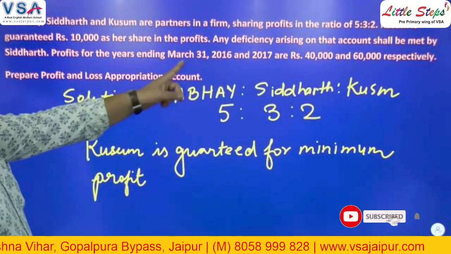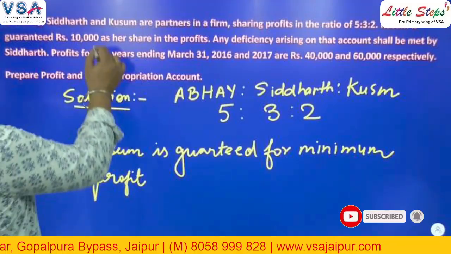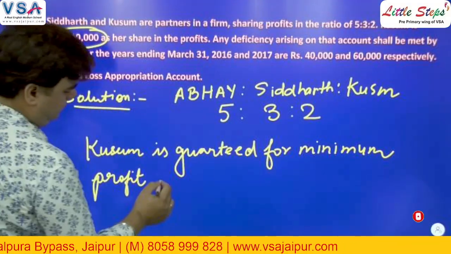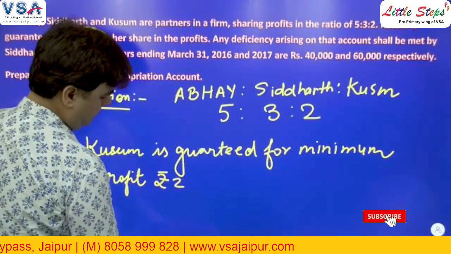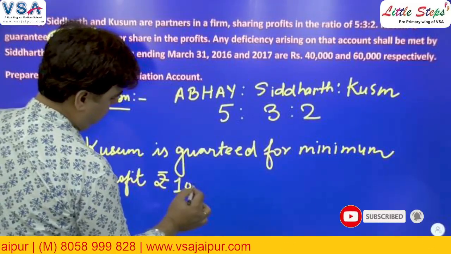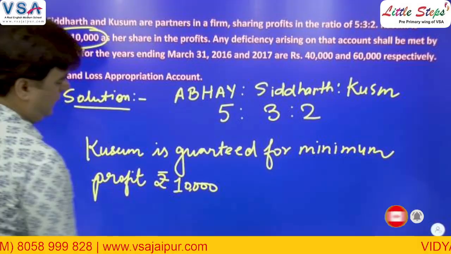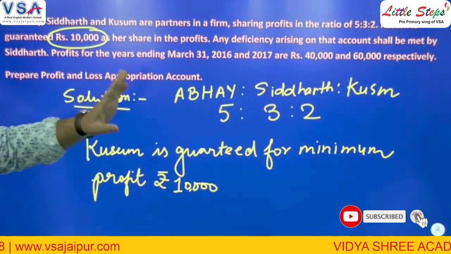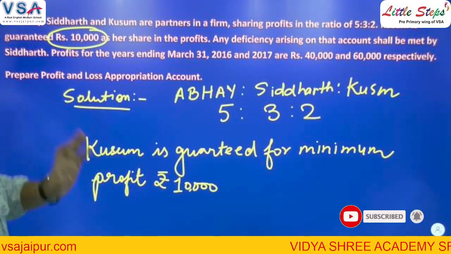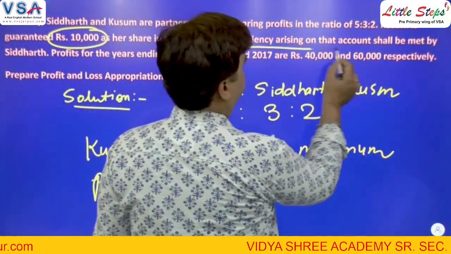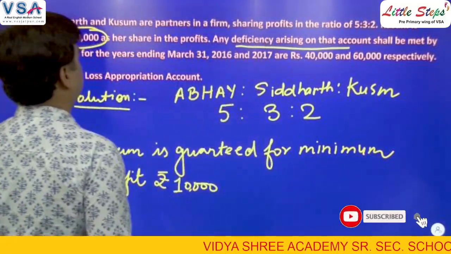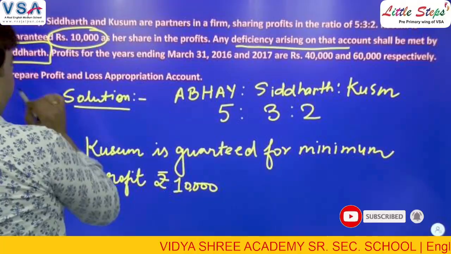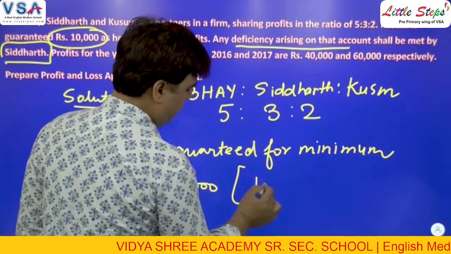How much the minimum profit is? 10,000 rupees as stated here. राइट, 10,000 रुपए का कम से कम प्रॉफिट इनको होगा ही होगा. What if ये प्रॉफिट ना हो तो क्या किया जाएगा? Simply any deficiency arising on that account shall be met by Siddharth. So deficiency कौन देगा?